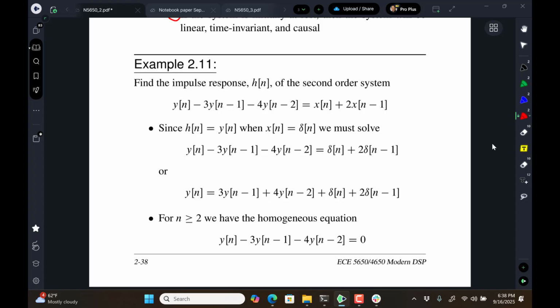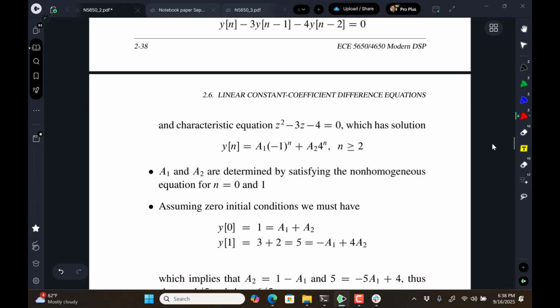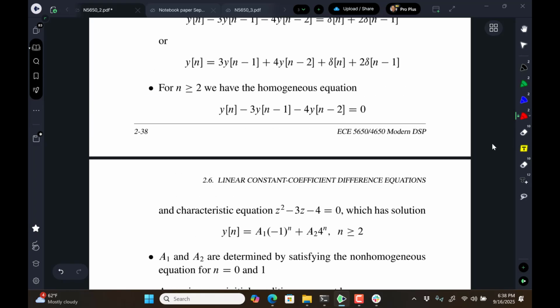We worked through a first-order difference equation last time, and this is an example of a second-order difference equation. When you have second order or higher, you will have the homogeneous equation that you see here, where you write out the characteristic equation. There it is right there.